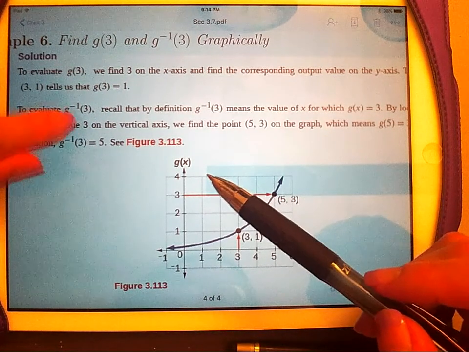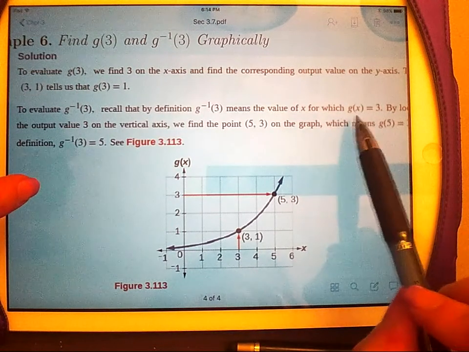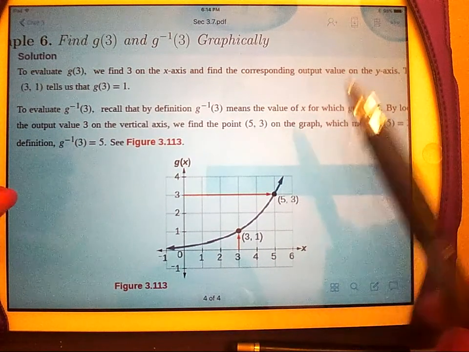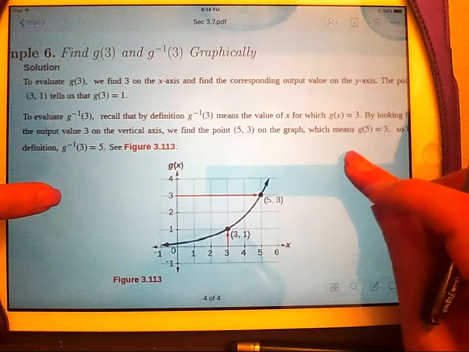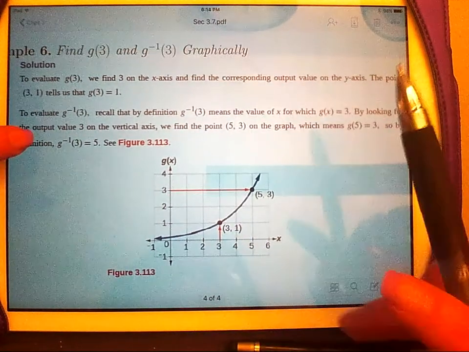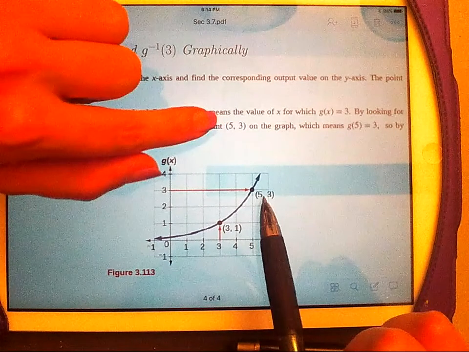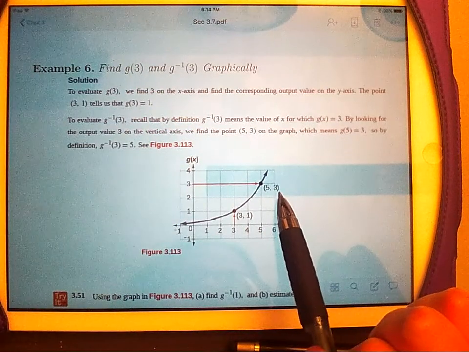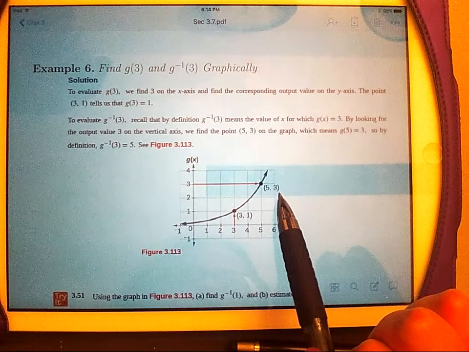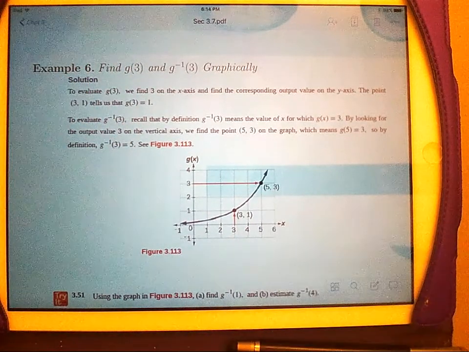Now, on the other hand, if you're evaluating g inverse of 3, recall the definition means the values of x for which g of x equals 3. So when we look for the output value of 3, which is here, we find the point 5, 3, which means g of 5 is equal to 3. So by flip-flopping the points, g inverse of 3 must equal 5.